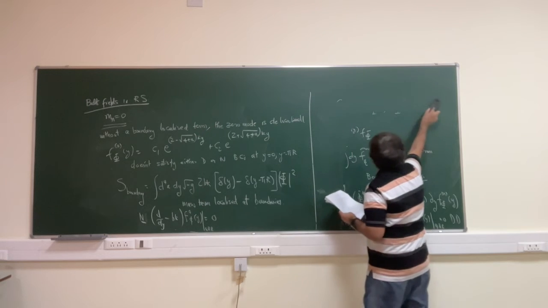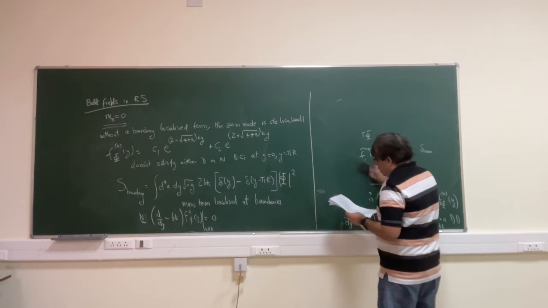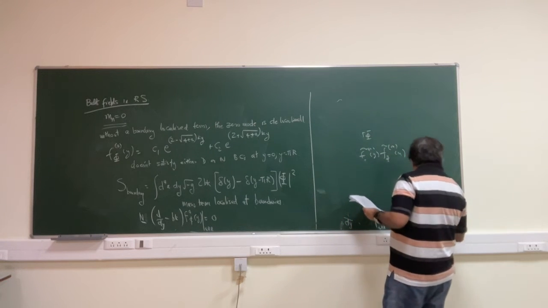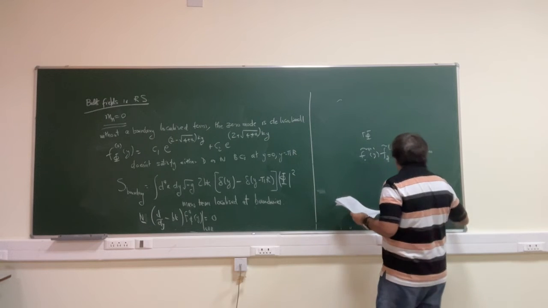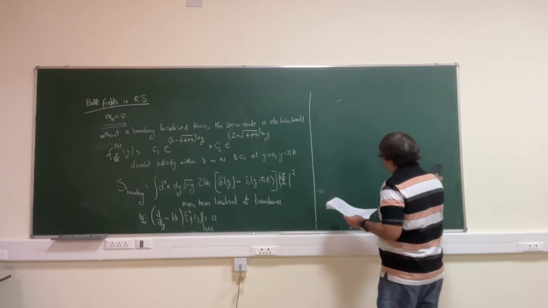F is now localized, but it can be localized at either the UV or the IR, depending upon the sign of b.